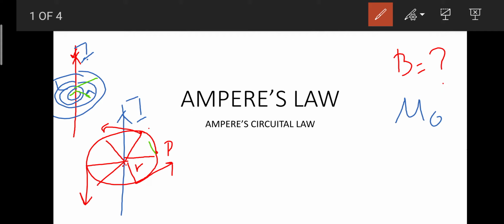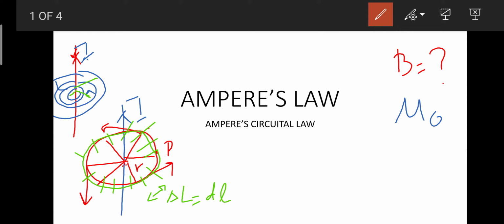This whole Amperian loop is divided into a small number of patches, or you can say current elements or length elements, right? One particular length element is represented as delta L or simply dl, right? It has the same value throughout the loop.